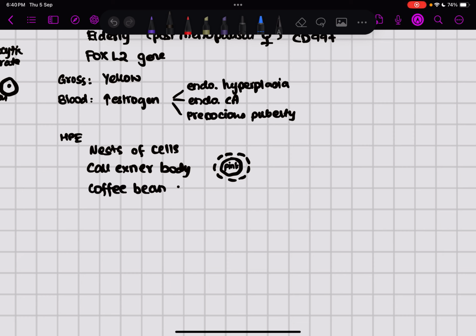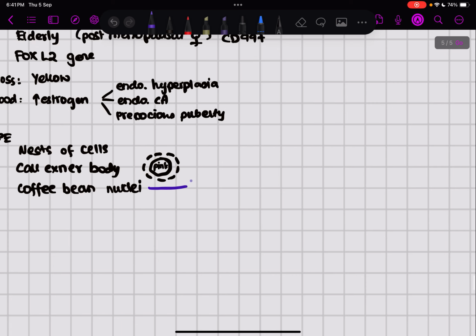Now, as already told, coffee bean nuclei is also seen in other conditions. Let us have a look at it. Coffee bean nucleus is seen in total in 5 conditions in pathology.